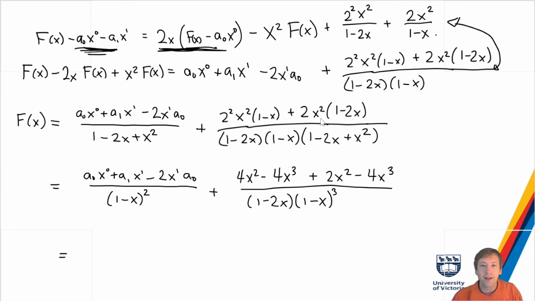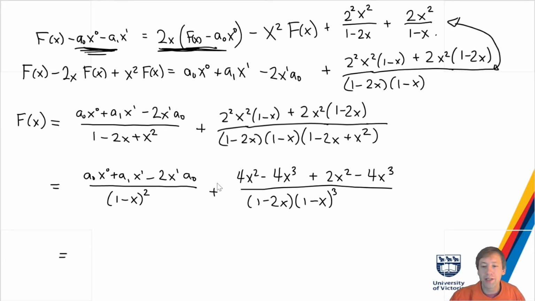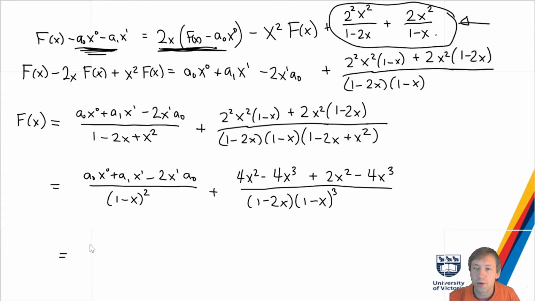So instead of dividing this expression by 1 minus 2x plus x squared, which is 1 minus x in brackets all squared, I'm going to imagine that I just divided each of these terms by that same thing. So this is maybe instructive.